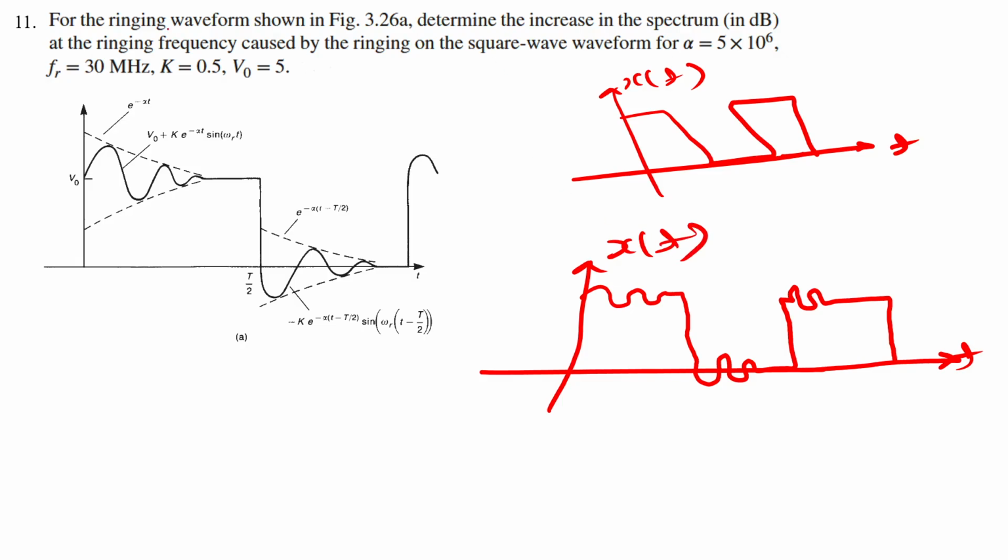So for the given ringing waveform shown in this figure, you have to determine the increase in the spectrum at the ringing frequency caused by the ringing on the square waveform.